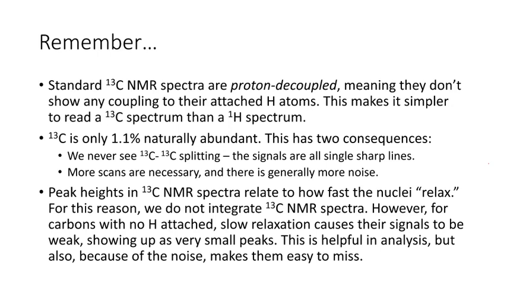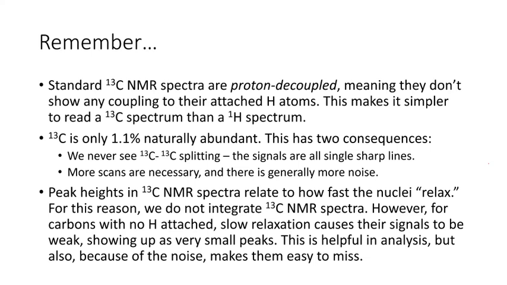But knowing that carbons relax by trading their energy with protons that are attached to them, we know that a carbon with no hydrogens attached will be the one that's relaxing the slowest, and their signals are likely to be weak, with the carbon showing up as very small peaks.